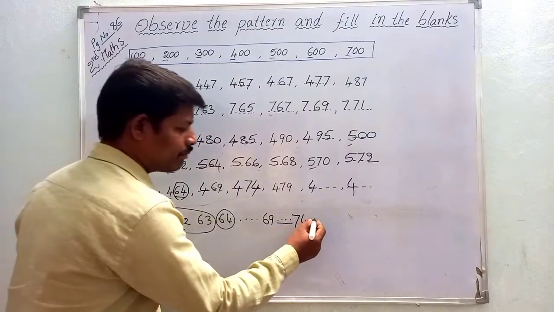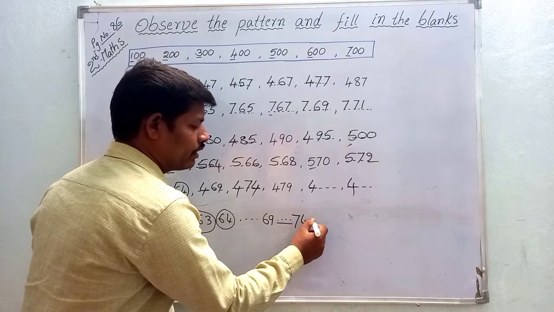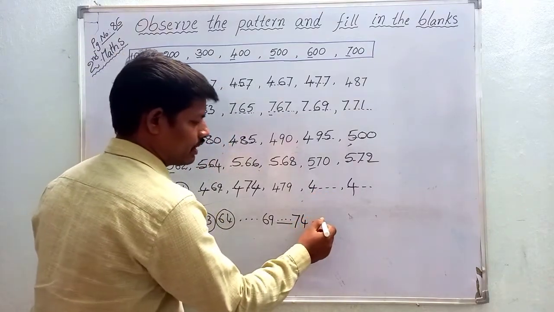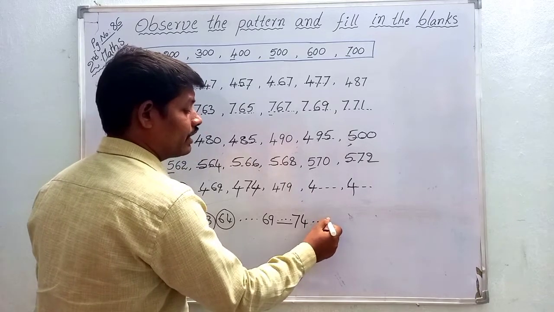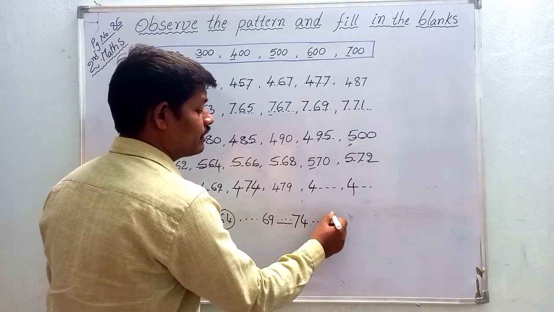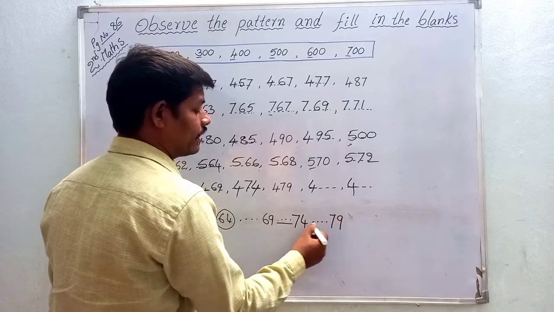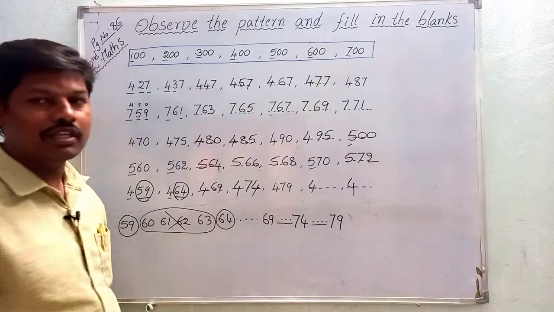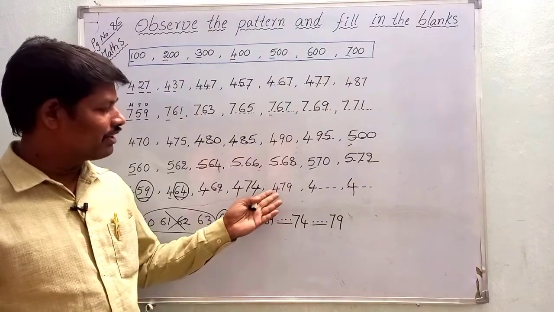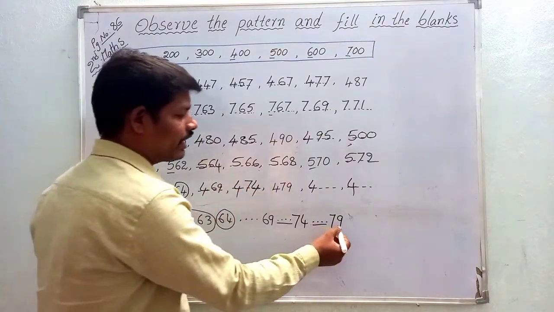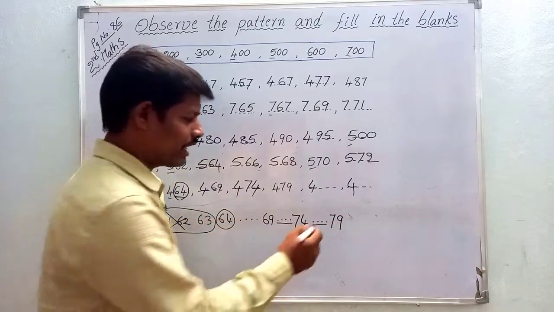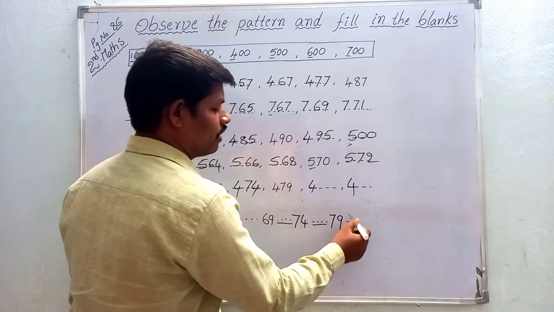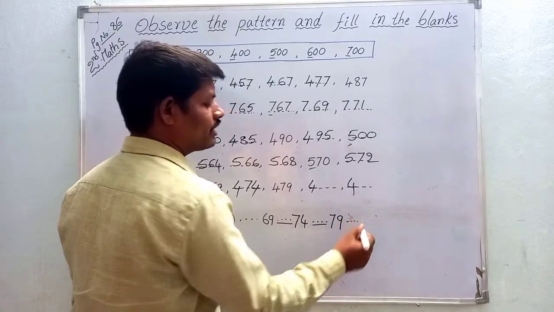After 74, what is the number? 75, 76, 77, 78. What is the next number? 79. 4 numbers we have to leave. Right here 479, it is already given. Again after 79 we have to leave 4 numbers: 80, 81, 82, 83.